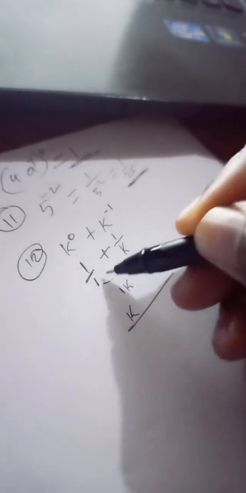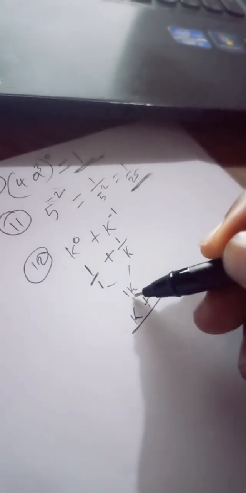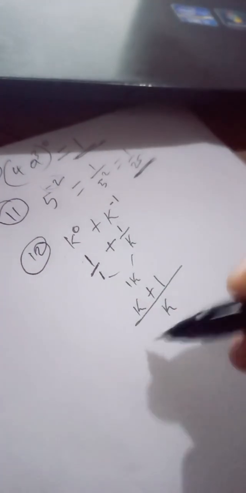So it's going to be k plus 1 over k. And if you want to simplify it again, it will go back to 1 plus 1 over k, which is basically our answer.